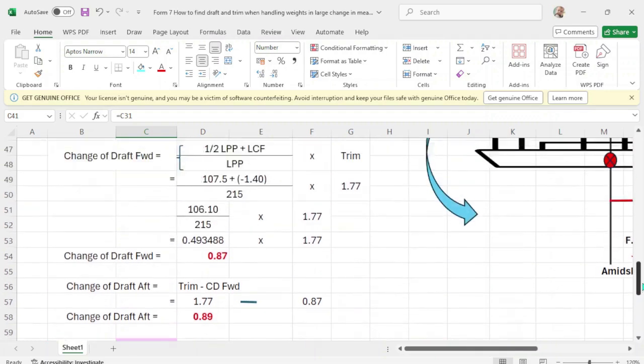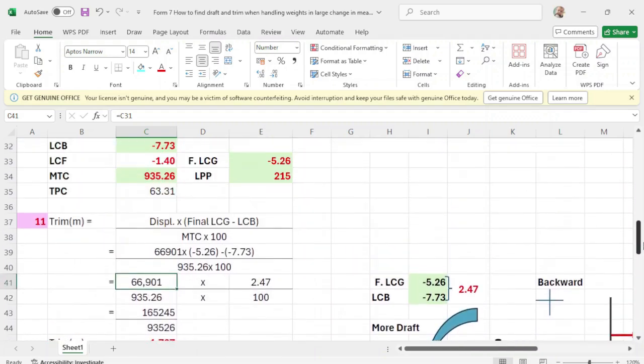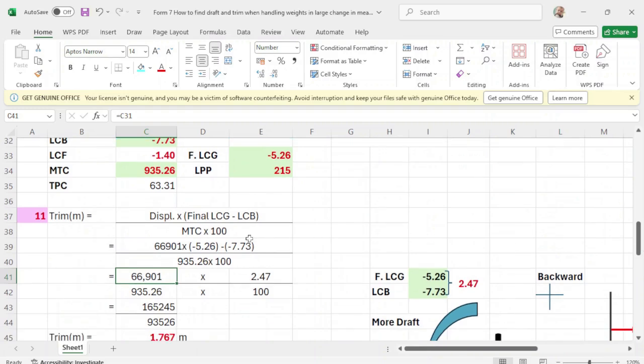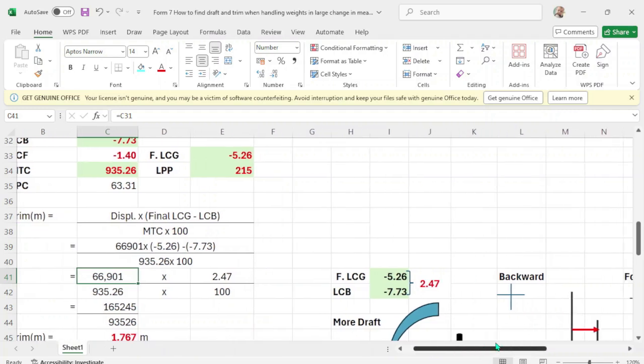Okay, I will explain to you this one, guys. Take note. Your LCG and LCB. So what is your LCG? Okay, I have a figure here.